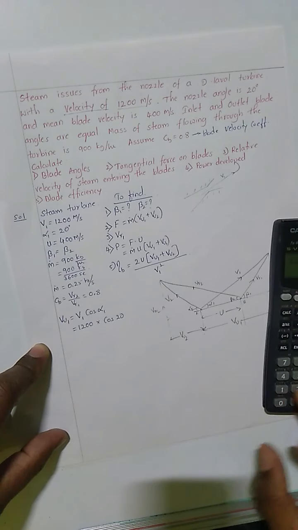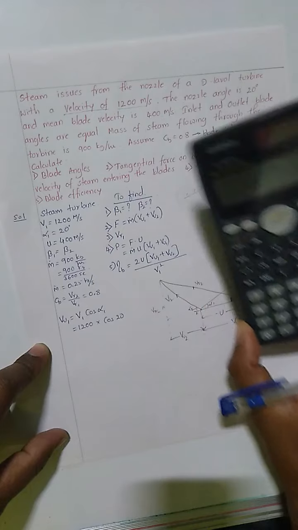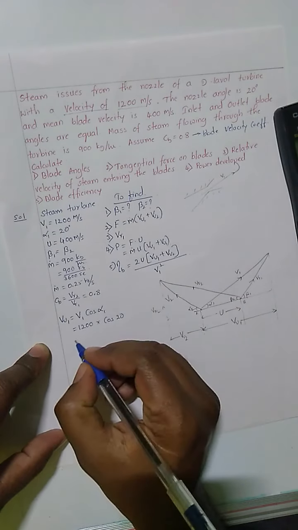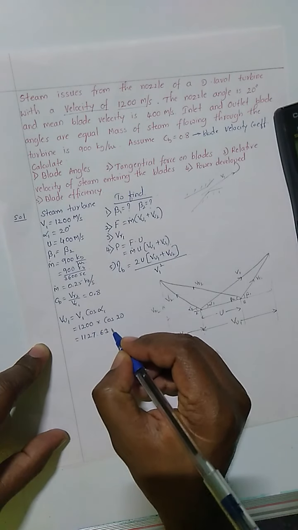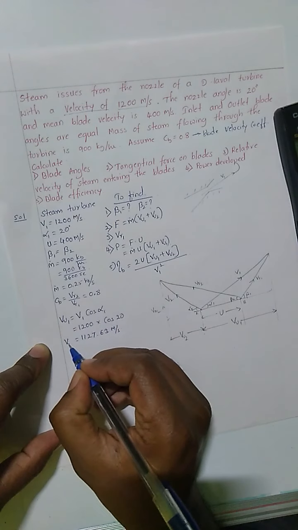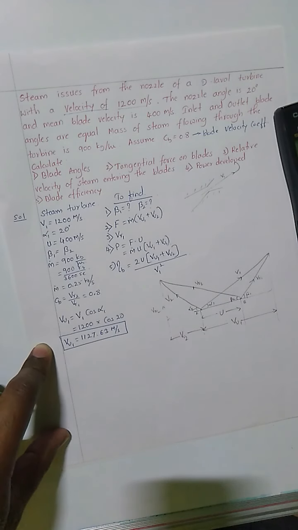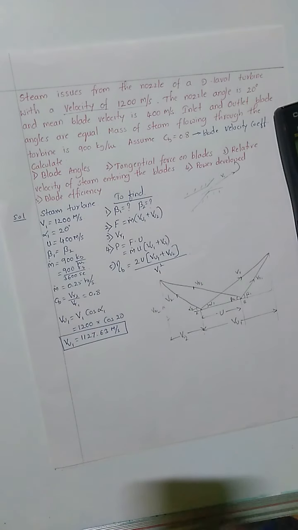How much does it come to? 1127.63 meters per second. We got VU1. So next step is how to find the other parameters.